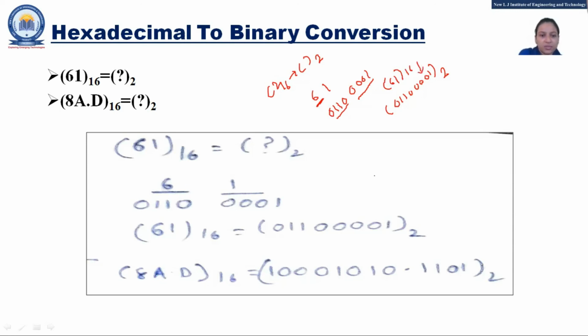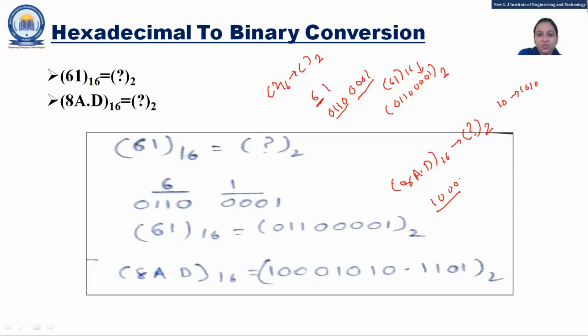Now, what about this fraction? 8A.D, that is given in hexadecimal, and we have to convert it into a binary fraction. For 8, we have 1000 in binary. For A, that means 10, 10 is written as 1010.